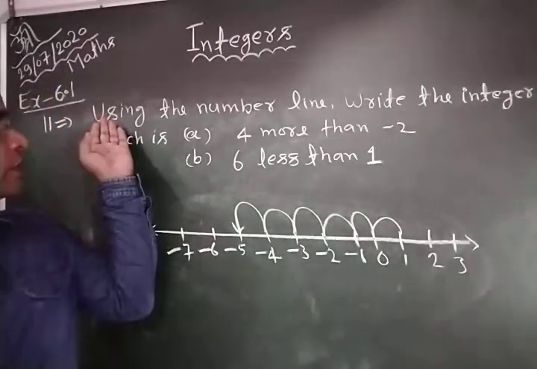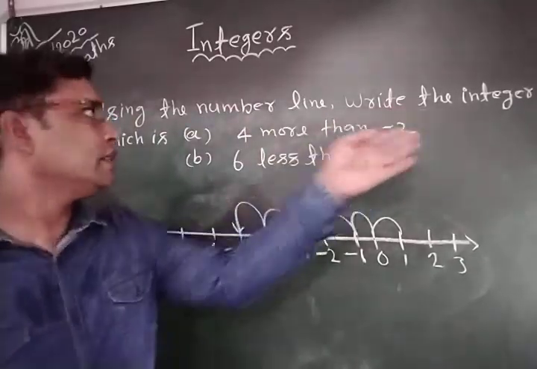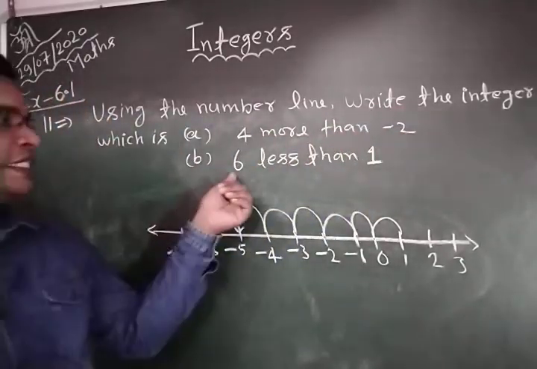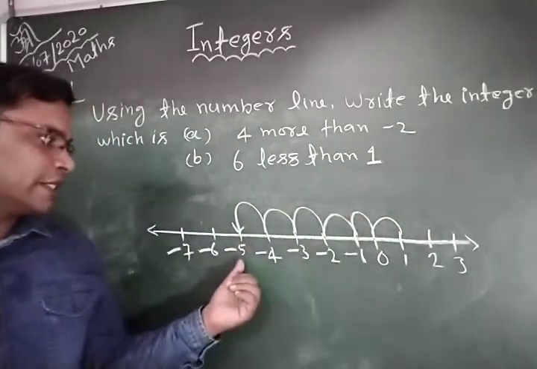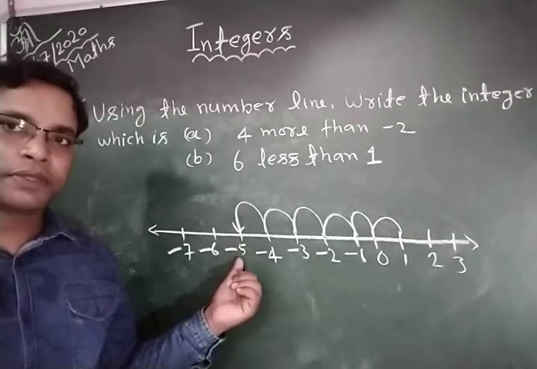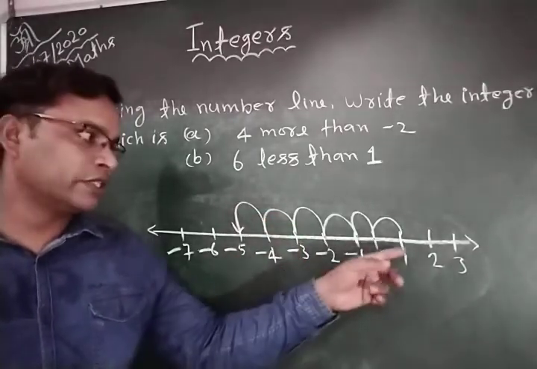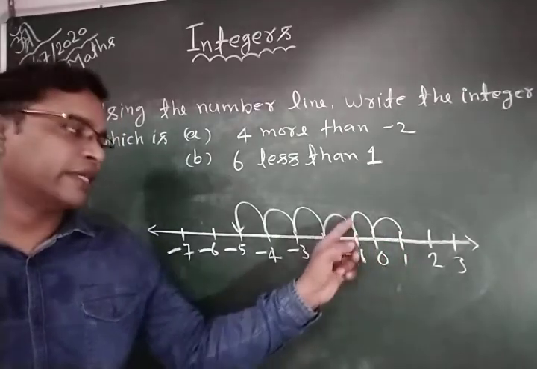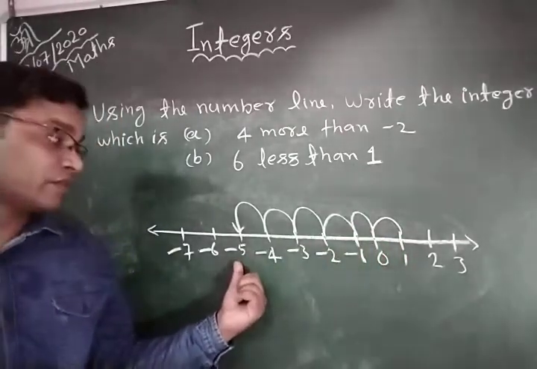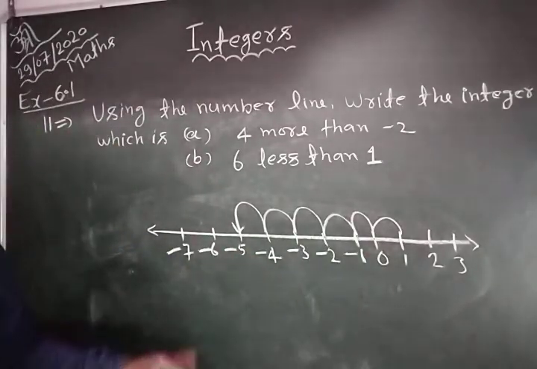According to this, in this question, using the number line, write the integer which is 6 less than 1. So we start from 1 and move 6 units in the left direction. We reach -5. So our required number is -5.